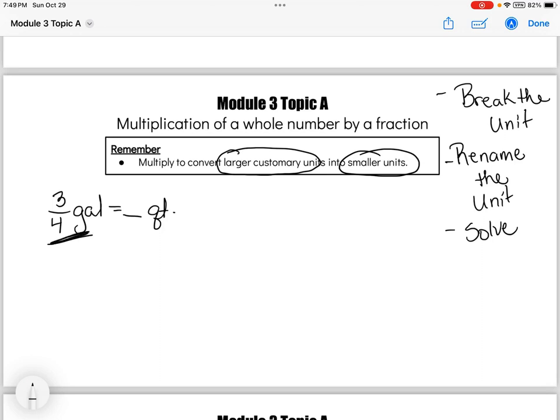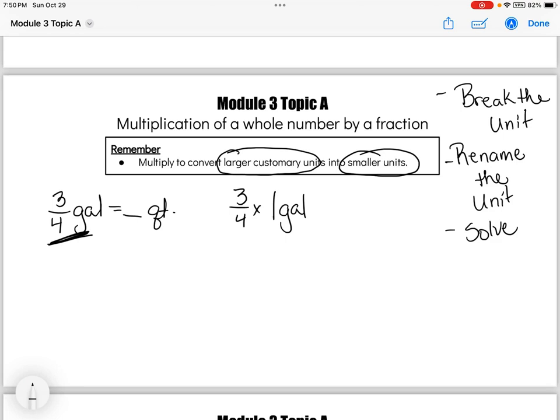So by breaking that unit, I'm saying it's going to be 3/4 times 1 gallon, because we know anything times 1 is itself. So essentially, I have not changed the value of 3/4 of a gallon by simply breaking it apart from its unit. So now I'm going to, in fact, rename the unit.